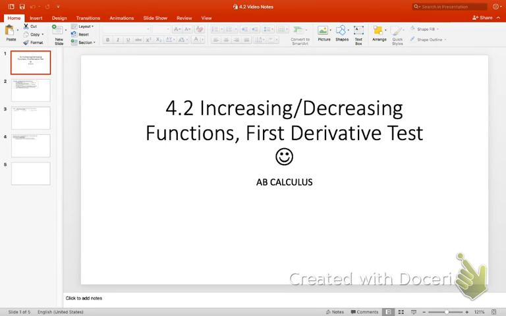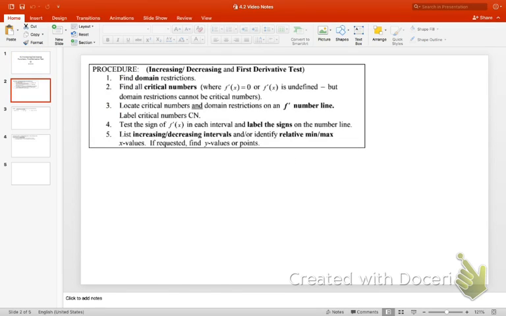Today we are talking about section 4.2, increasing and decreasing functions using the first derivative test. The first derivative test is a method for determining whether a critical number is a max, a min, or neither.